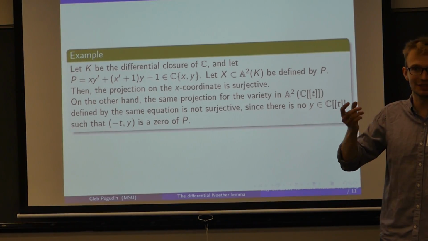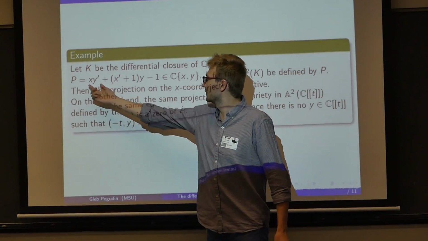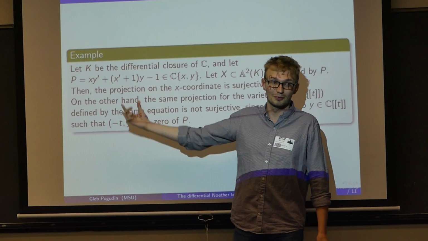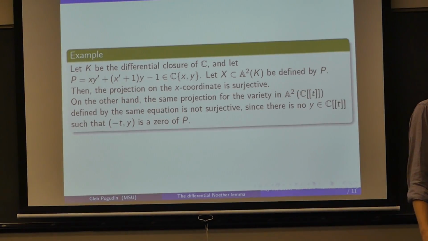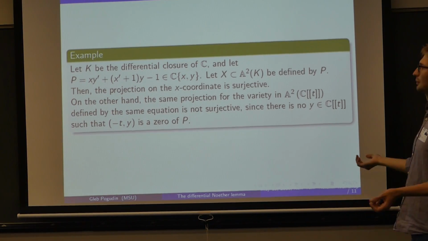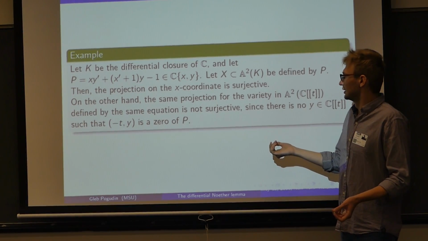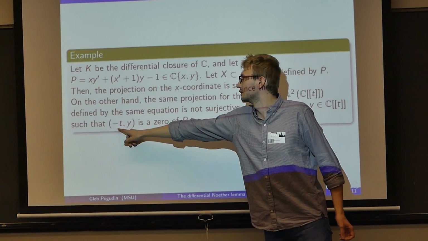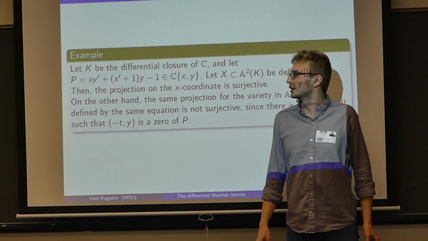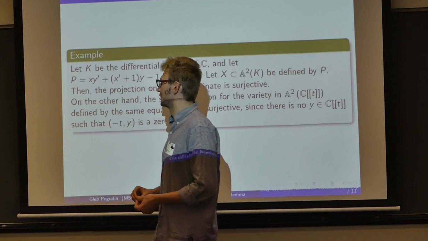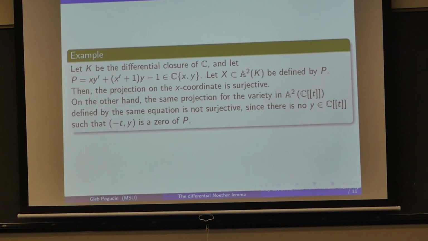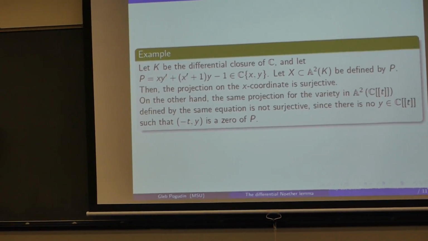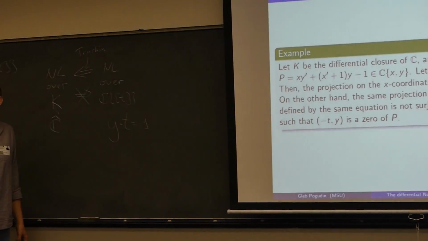Because if x is not 0, this is not 0. If x is 0, this is not 0. But you can substitute such a power series that it won't be solvable in power series. You just substitute minus t for x, and you arrive at an equation like y dot t equals 1, which is not solvable in power series.